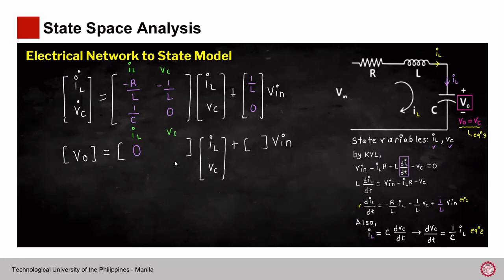So IL is 0, and the value for VC is 1. Okay? VC is 1. And then there's no V in in the V out. So this is definitely 0. Okay? And this is our state model.